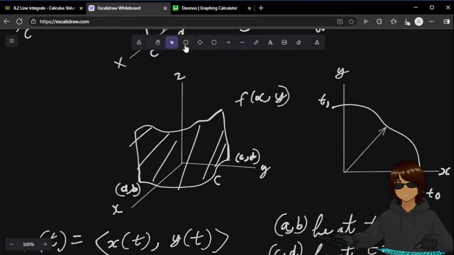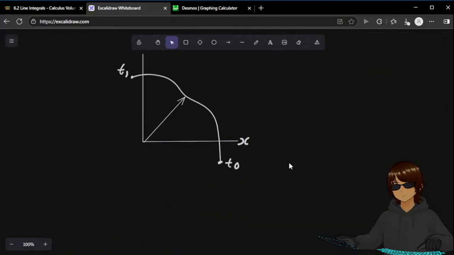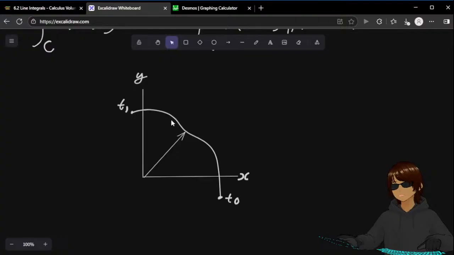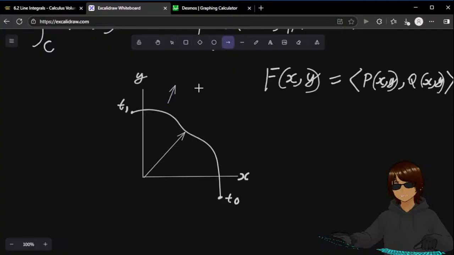So for a vector line integral, suppose we have a vector field, suppose capital F is a vector field. For each point xy, it gives a particular vector at that point, P of xy, Q of xy. So capital F would be a vector field.